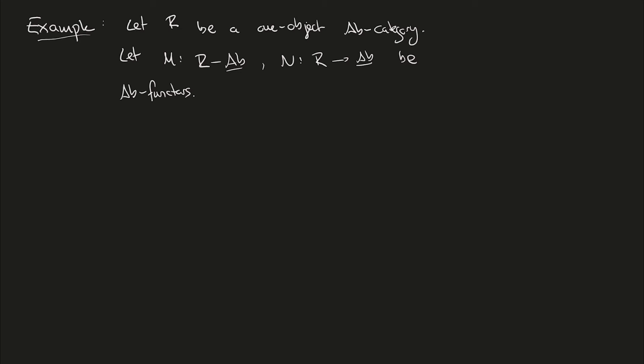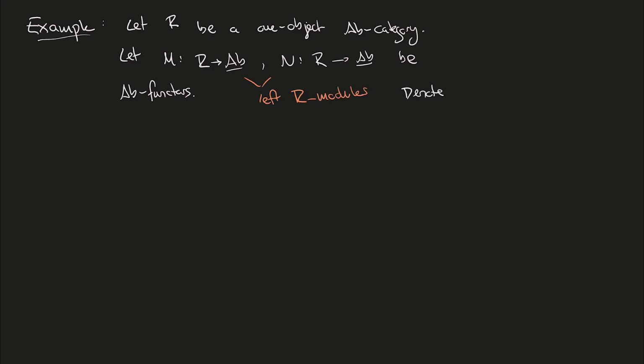Now we saw in the previous videos that a one-object Ab category is just a ring, and in the last video we saw that Ab-functors between a ring and the category of abelian groups considered as an Ab category corresponds to a left R module. So M and N are left R modules.